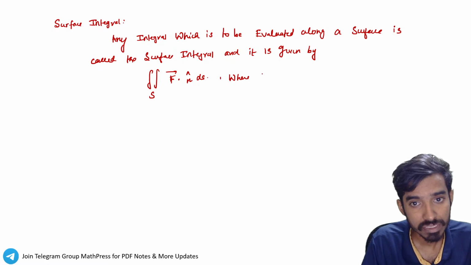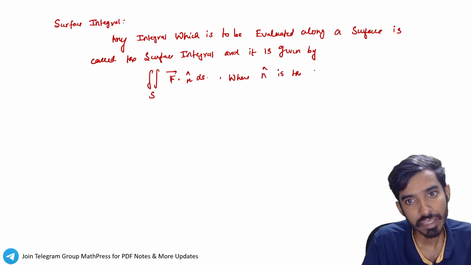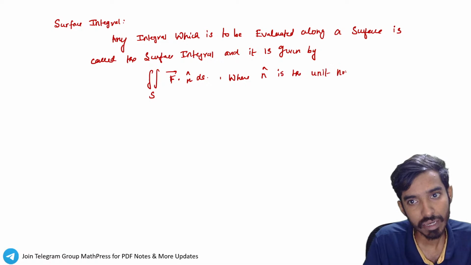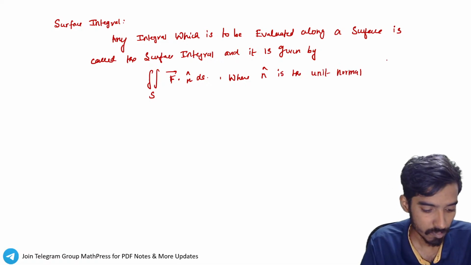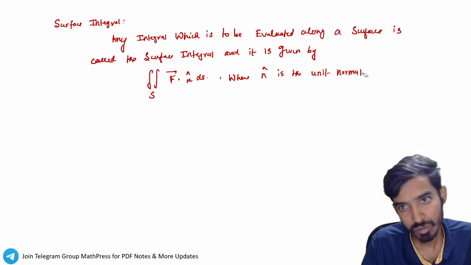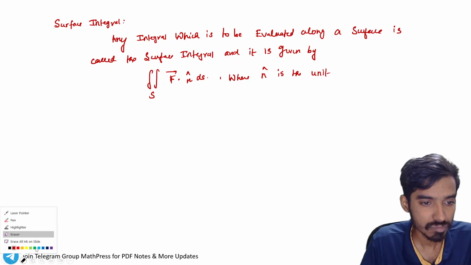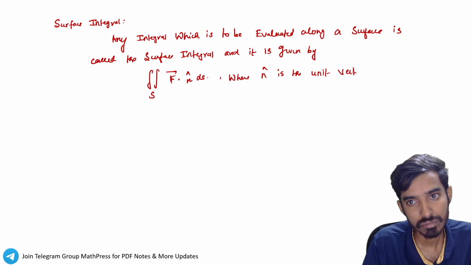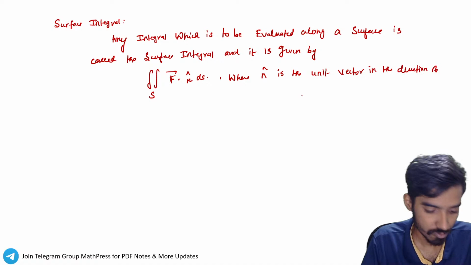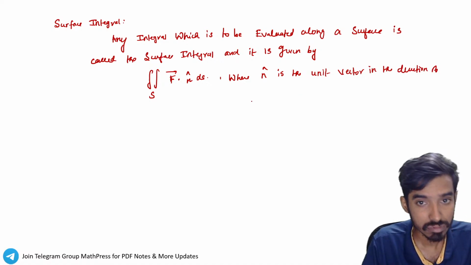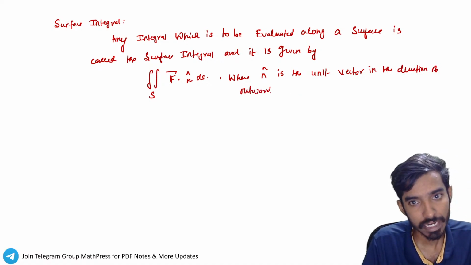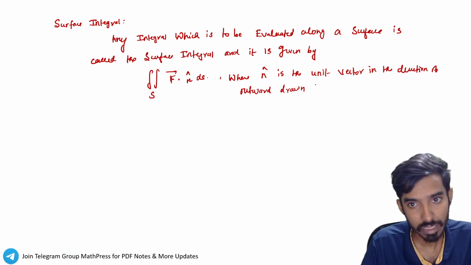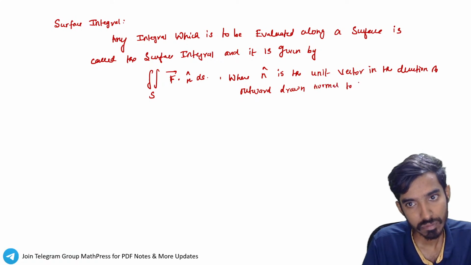where n cap is the unit normal, the unit vector in the direction of the outward drawn normal to the surface, right?